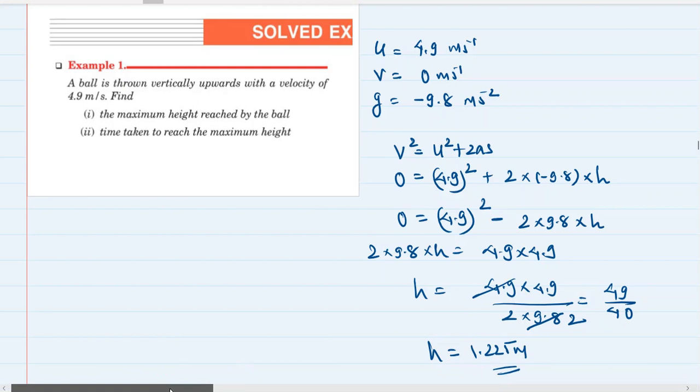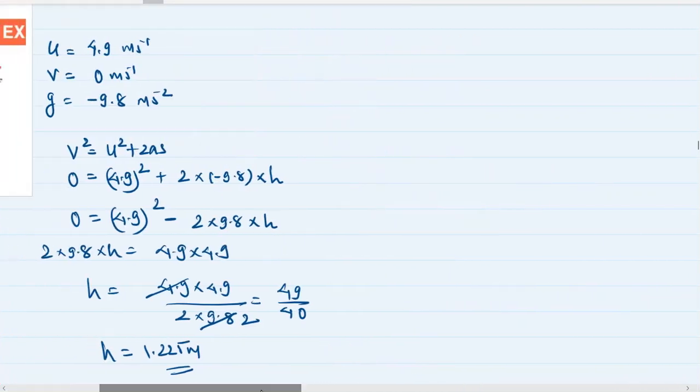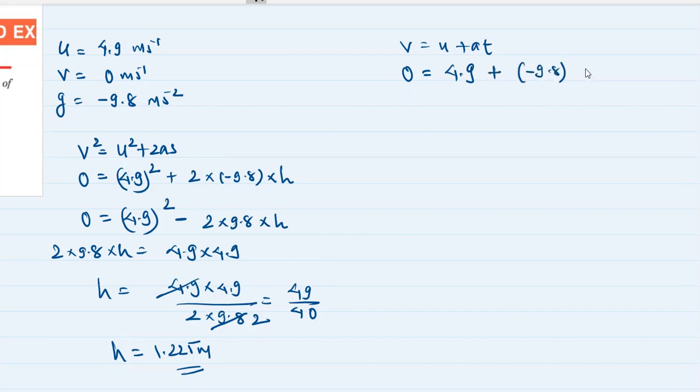After this, we have to find the time taken to reach the maximum height. So for that, we are going to use the first equation of motion, that is v is equal to u plus at, which is 0, because final velocity v is 0. 4.9 plus a is minus 9.8 multiplied by time, which is minus 4.9 is equal to minus 9.8 times t.